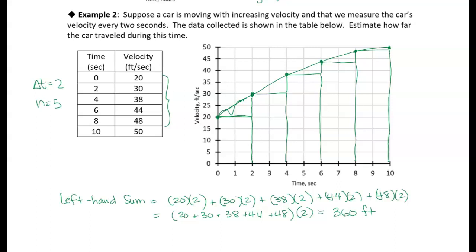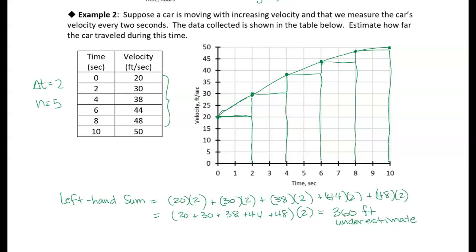So we have an increasing function, and you can tell that the left-hand sum is going to be an underestimate. So I'm just going to write that down. Underestimate of whatever the actual distance was.